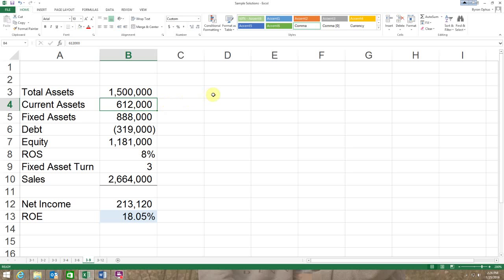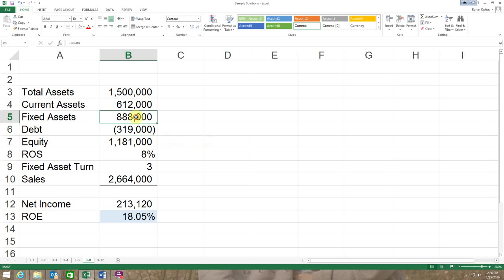Well, if you look at total assets, your fixed assets plus your current assets equals your total assets. Likewise, your total assets minus your current assets is going to equal your fixed assets. Total assets minus fixed assets would equal your current assets. So this is simply equal to my total assets minus my current assets.